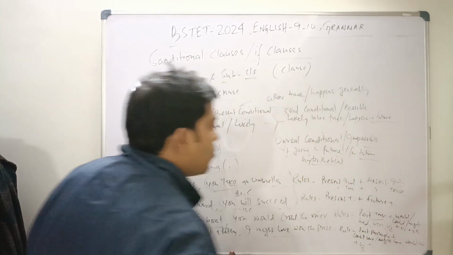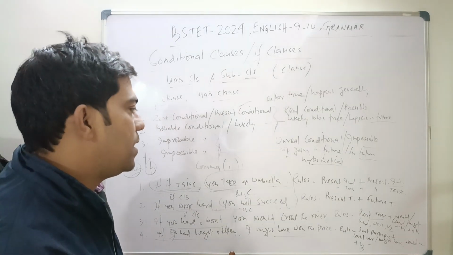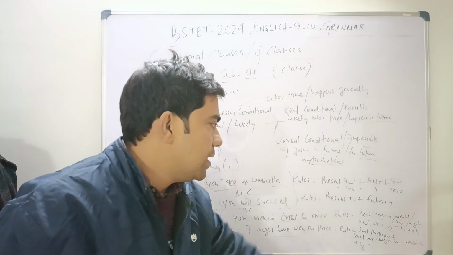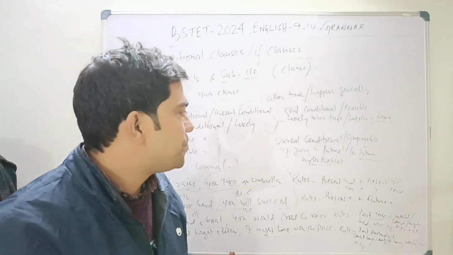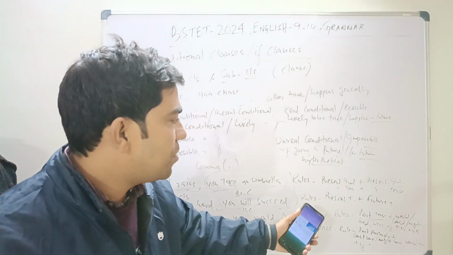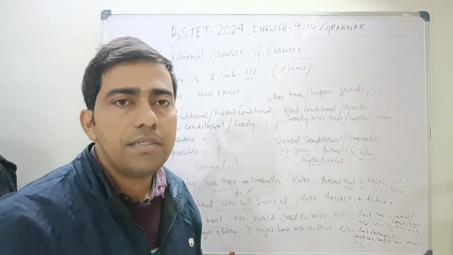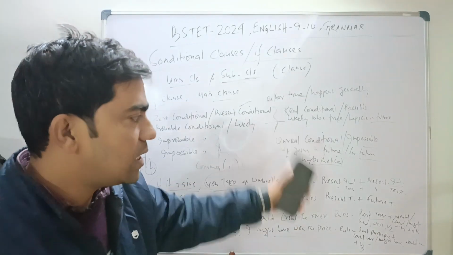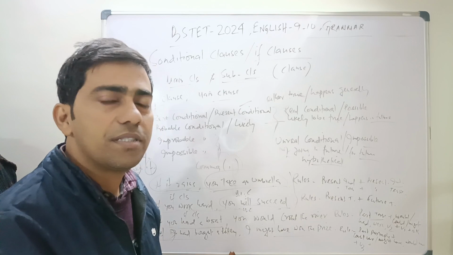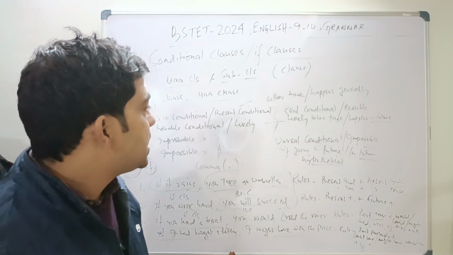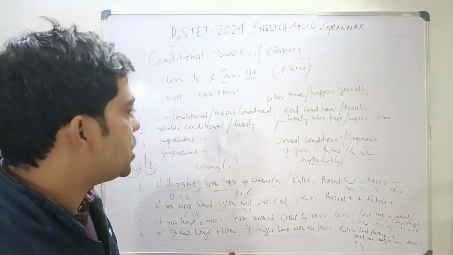All right, could have, would have, should have plus V3. And if the main clause you convert into passive voice, then been will be added in all the main clause parts if passive voice is there. So this is what about conditional clauses and their uses.